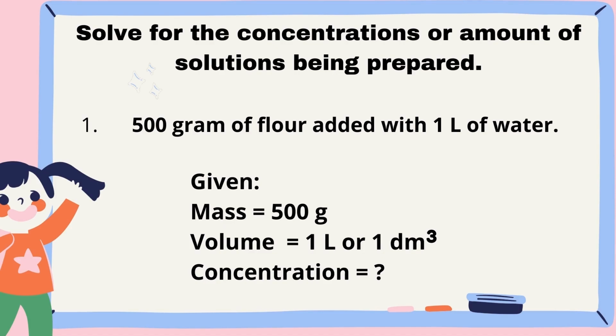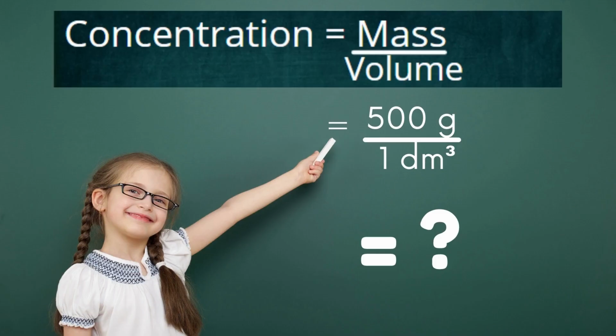Let us find out what is the value of concentration. Concentration is equal to mass divided by volume. Mass is equal to 500 grams and volume is equal to 1 cubic decimeter. Now, what is the value of concentration? You may use scientific calculator and answer this in your activity sheet.